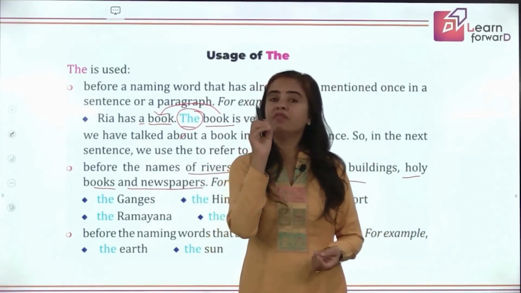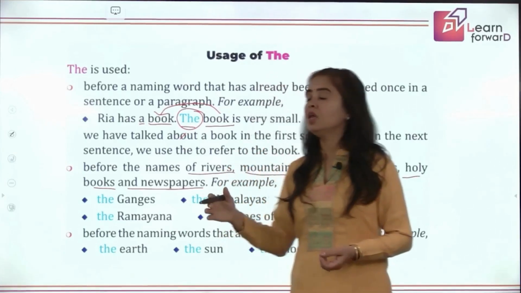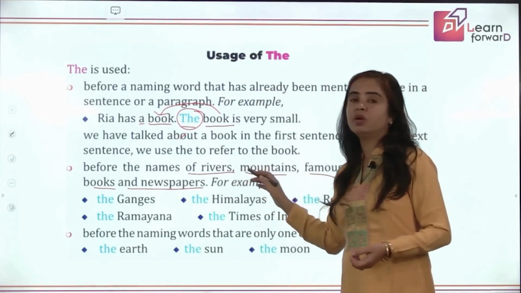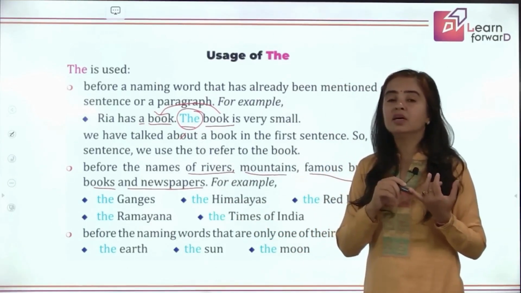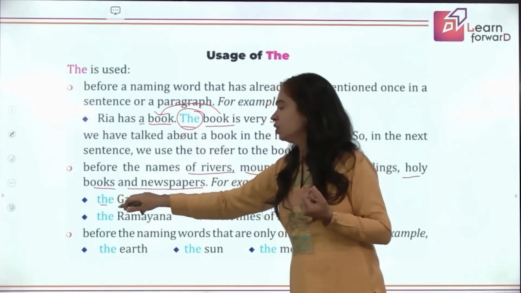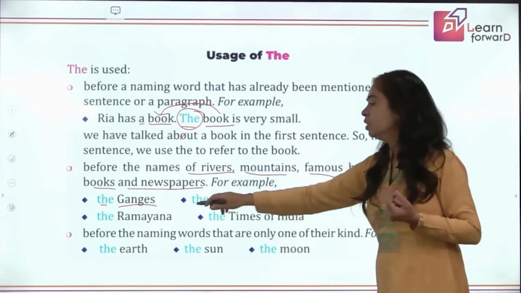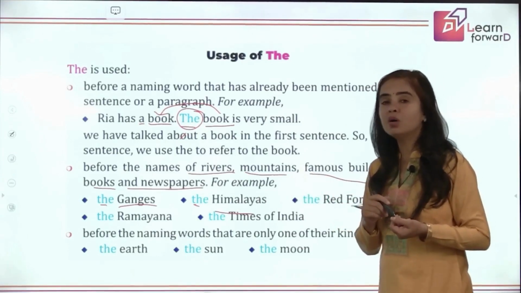So there with the names of newspapers, we are always using the. Similarly, for the names of rivers, mountains, we use the before them. The Nile, the Ganges. So this is the before the name of the river. The before the name of the mountain, the Himalayas, the Mount Everest.